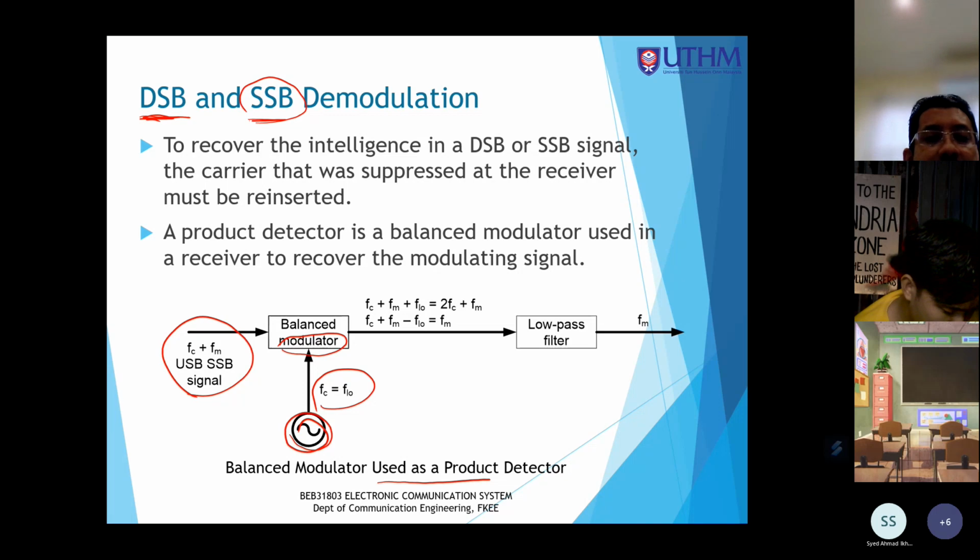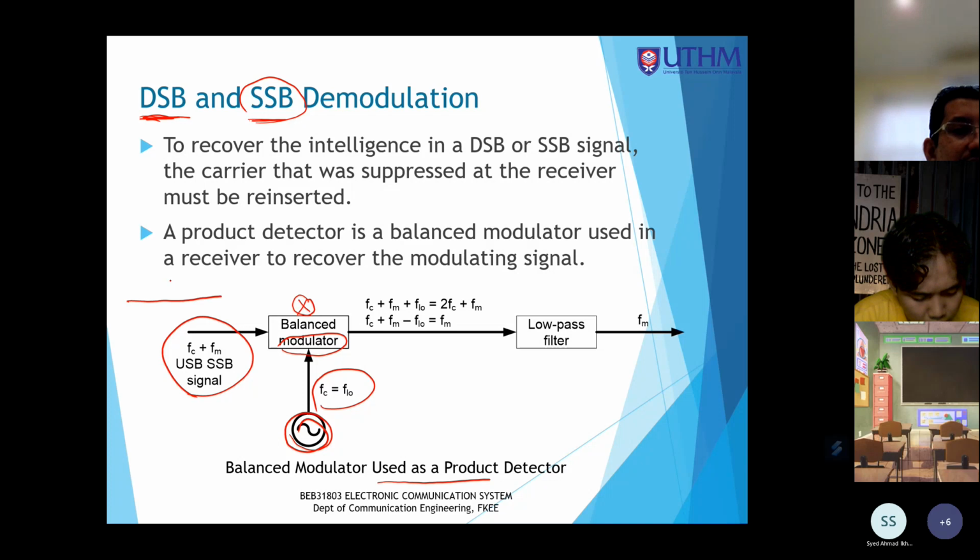So dalam balance modulator, again remember balance modulator akan melakukan proses darab secara mathematics. So when we do the multiplication process, what happens is that we're going to produce lower sideband and also the upper sideband. So for example dalam contoh ini, dia punya input adalah single sideband without carrier, yang mana dia adalah upper sideband FC plus FM.